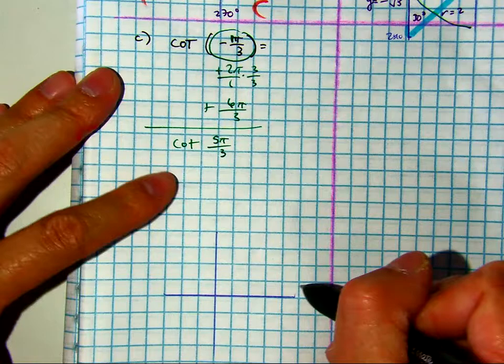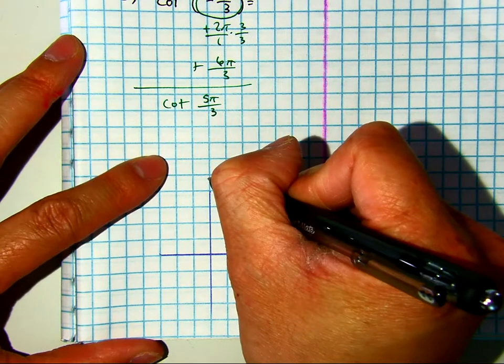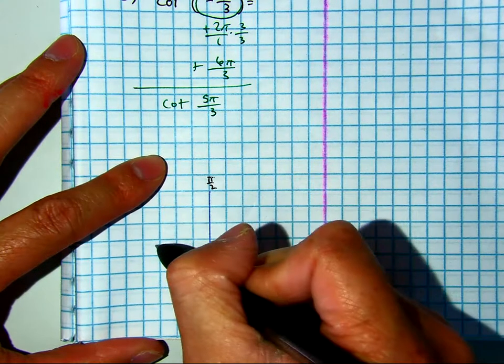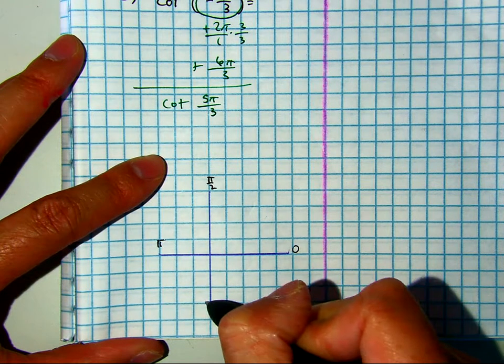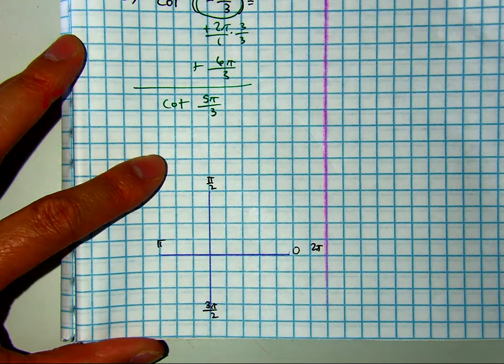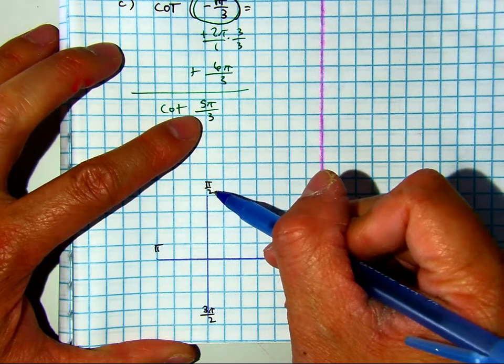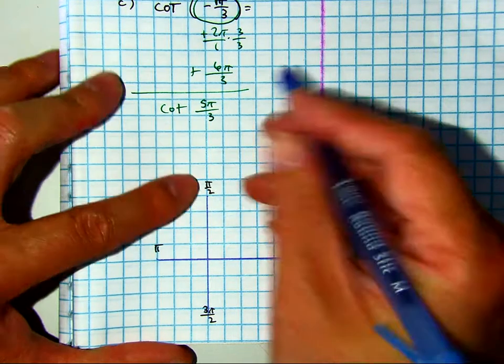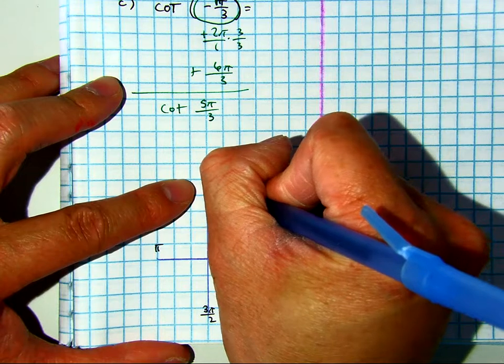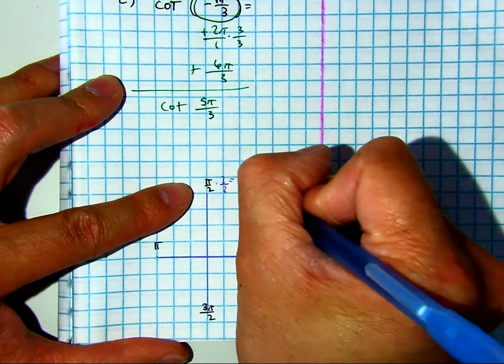Class, count in radians. Ready, set, go. Okay, so what does that mean? My lowest common multiple is what number? 6. I'm going to multiply so that I get a denominator of 6.